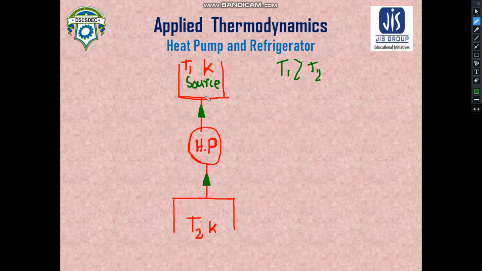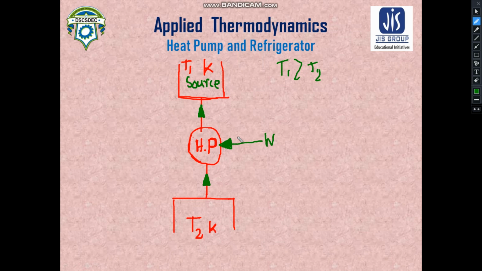So you are trying to act against nature. How can you do it? You need to put in some external effect. What do we mean by this external effect? We are talking of work input to the heat pump. Until and unless you provide this external work input, the heat pump will not be able to transfer heat from the low temperature reservoir to the high temperature reservoir.